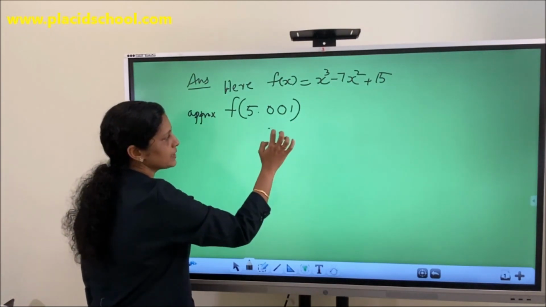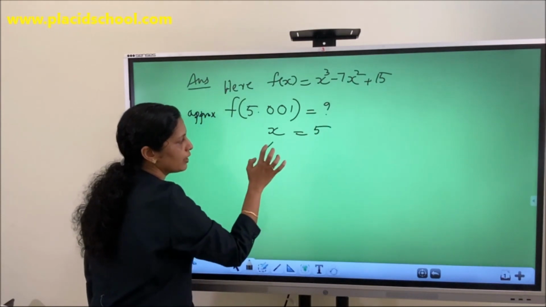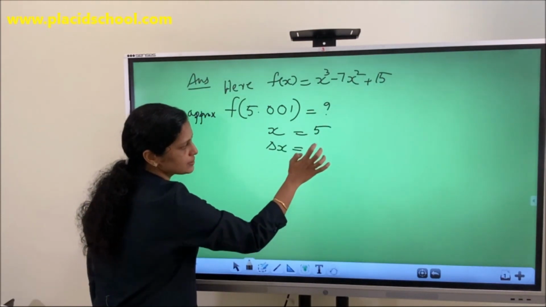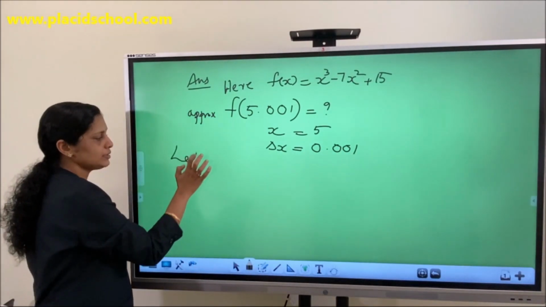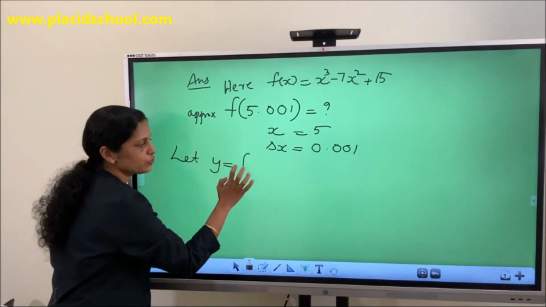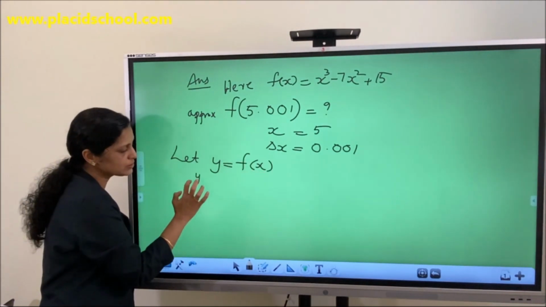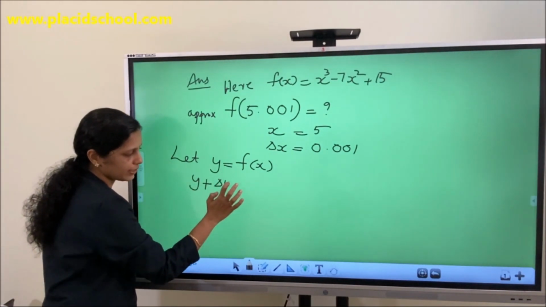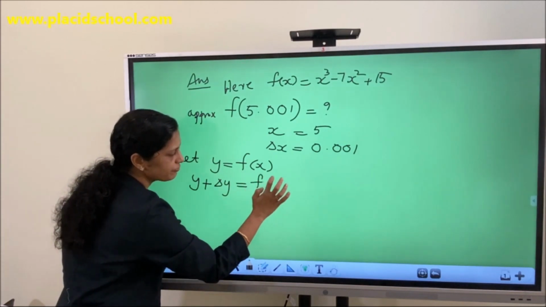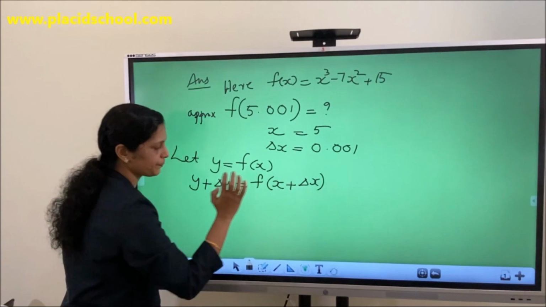I am taking x as 5 and delta x as 0.001. Start with y is equal to f of x. Then just like previous problems, y plus delta y is equal to f of x plus delta x.